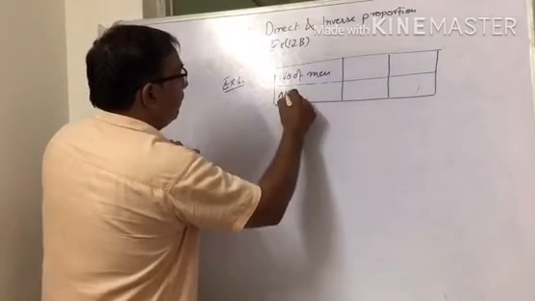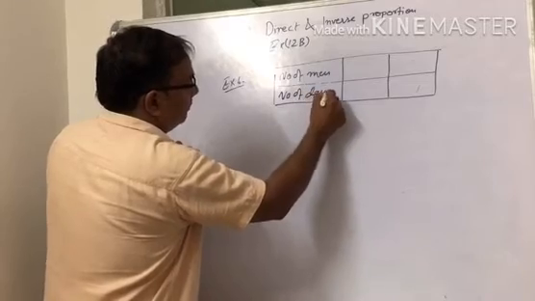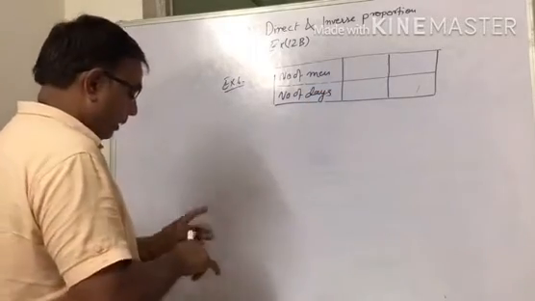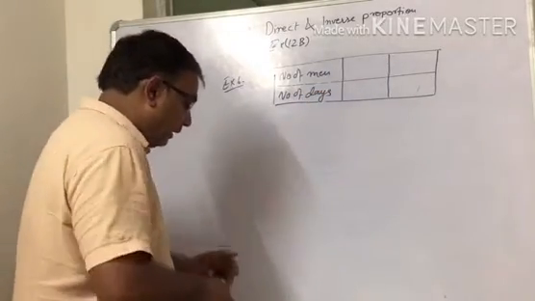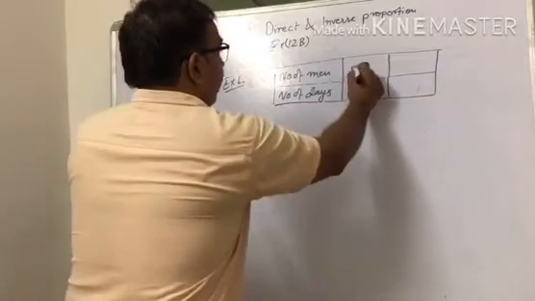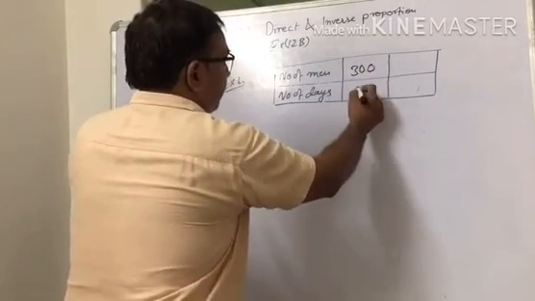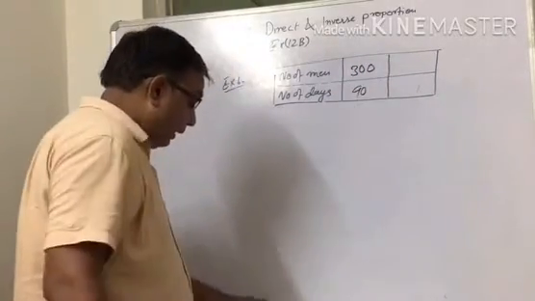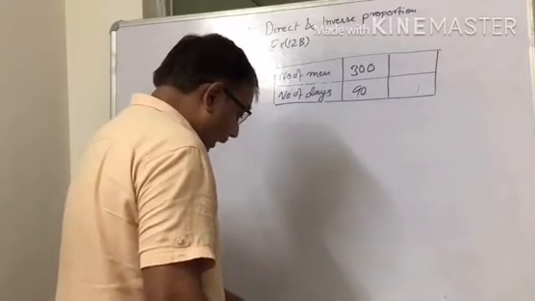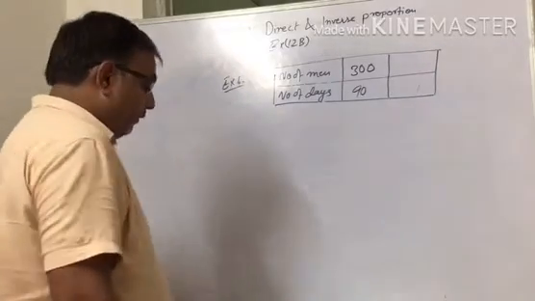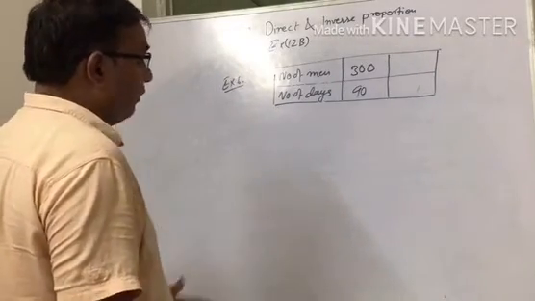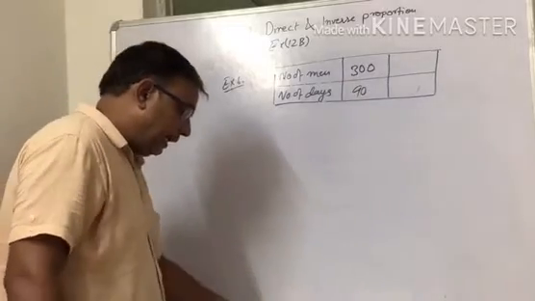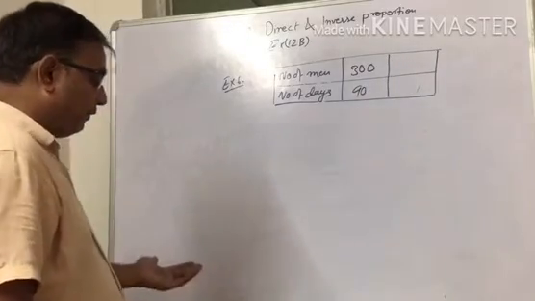Clear? Now first there are 300 men and the provision for food is 90 days. But after 20 days, 50 men left the fort.